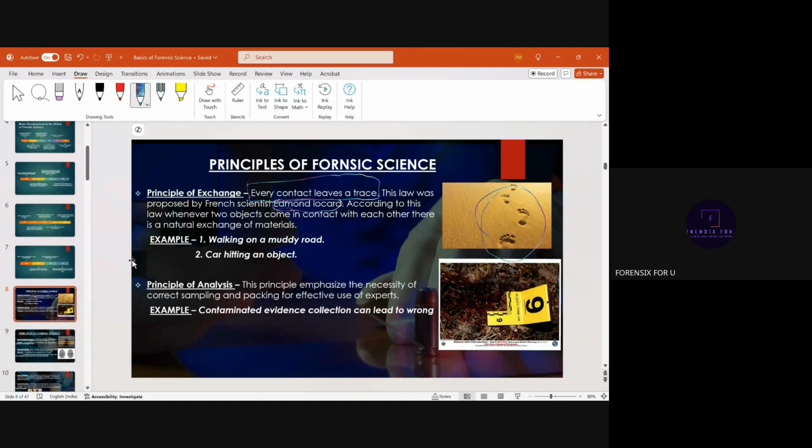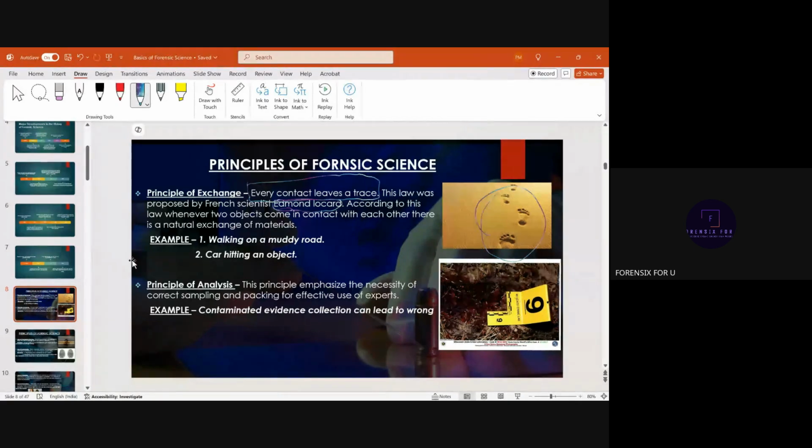So whenever you come in contact with anything, irrespective of its nature, you are going to leave your traces behind, and that object is going to leave a trace on you, which is going to prove that you have been present at a certain place at a certain time, or you have been in contact with a certain object at a certain point of time.